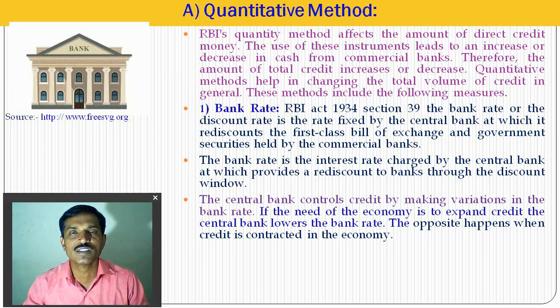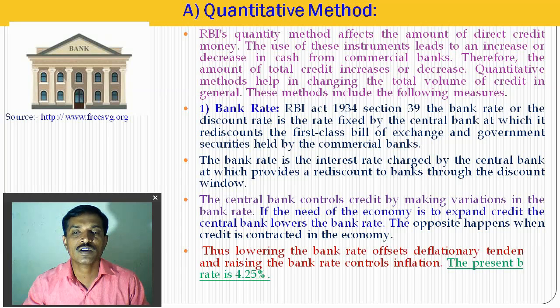Because rate of interest and demand for money have an opposite relation from the point of view of investors, when the rate of interest is higher, there is less demand for money for investment. So the opposite happens in credit contraction in the economy.